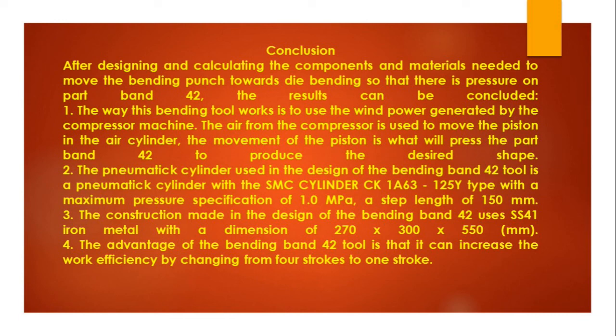And three, the construction made in the design of the Bend 42 uses SS41 iron metal with a dimension of 270, 300, and 550 milli. And the advantage of the Bend 42 tool is that it can increase the work efficiency by changing from 4-stroke to 1-stroke.